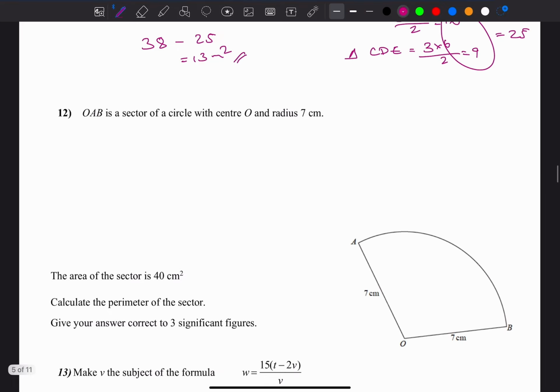Work out the perimeter of this sector. The area formula is, let's call the angle x, x over 360 times pi r squared. Pi times radius 7 squared is equal to 40. X is equal to 40 times 360 divided by pi times 7 squared. Do the answer to 2 decimal places, 93.54.